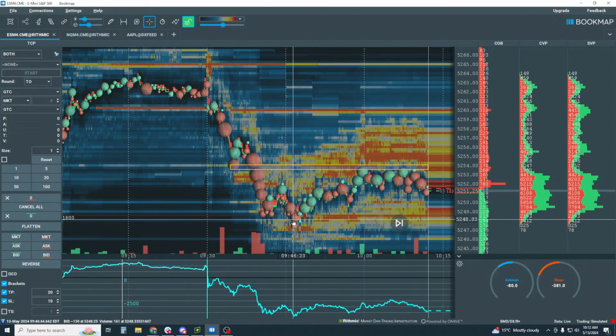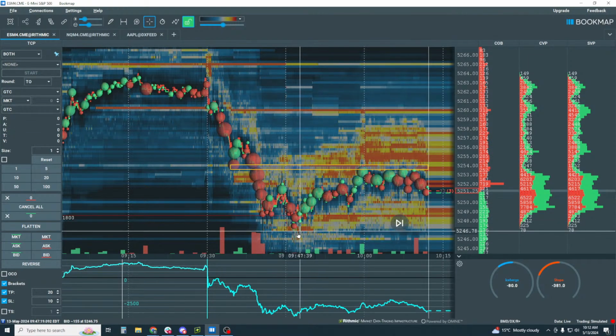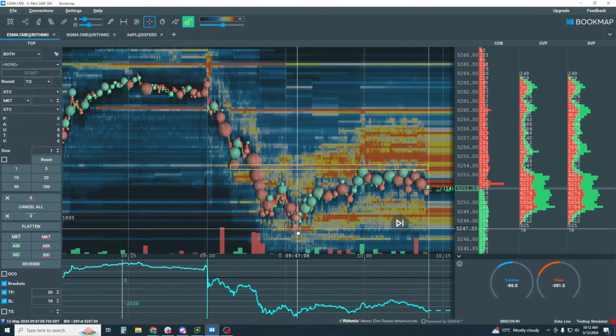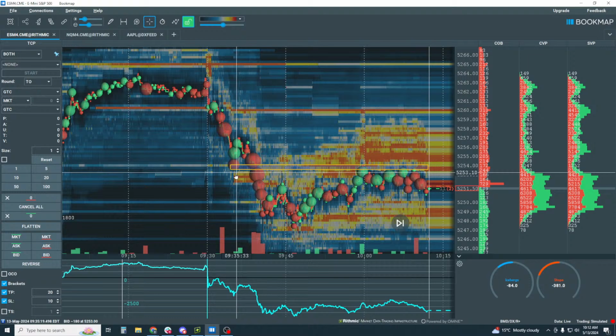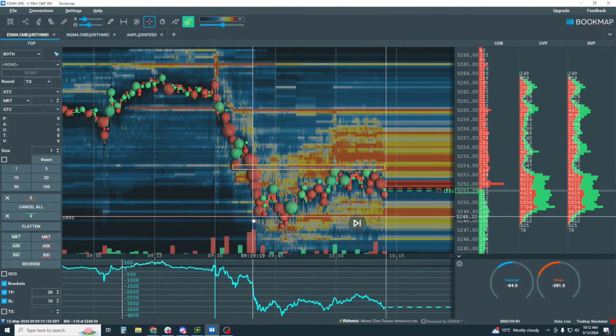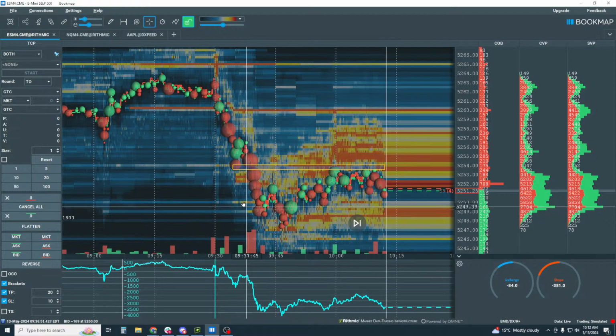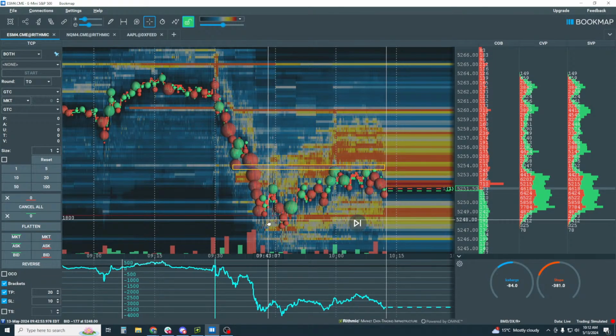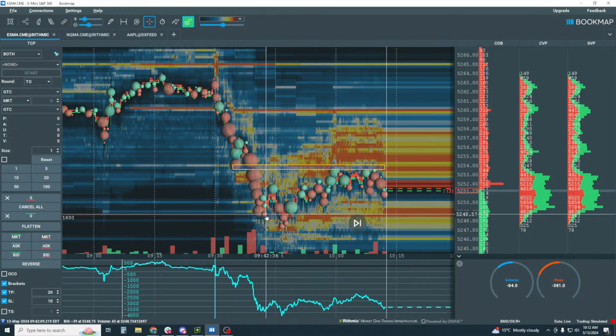Okay, here's another move to the downside here. And do we see big sell orders down here? No, we don't. Right? So it makes sense that maybe on the way down, there's not a whole lot of sellers, but there's also a lot of absorption in some of these areas in here on the way down.